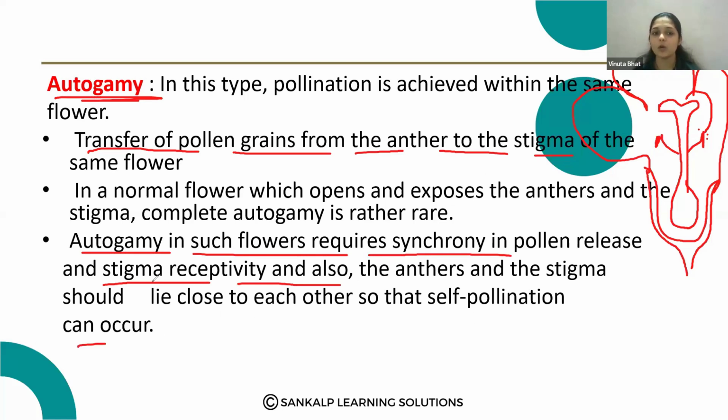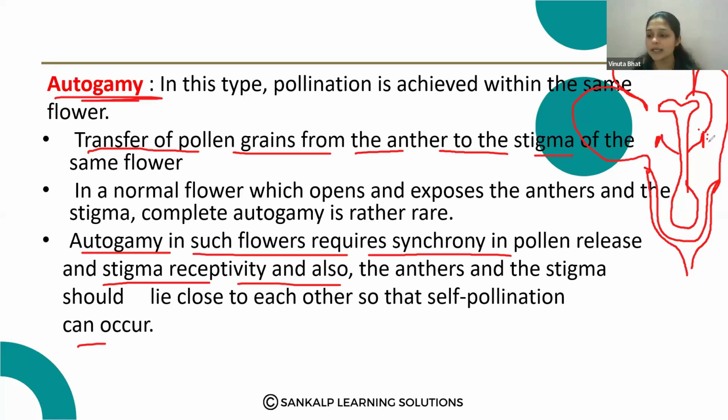In this type of pollination, the stigma should be ready for the reception of the pollen grains, and the pollen grains should be released at that time only. Only in that particular situation does the pollination occur.